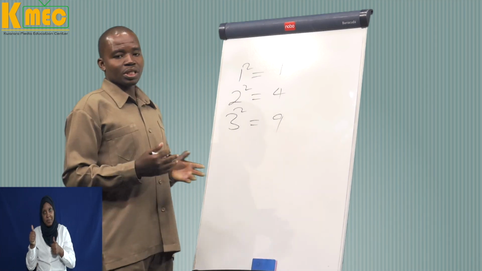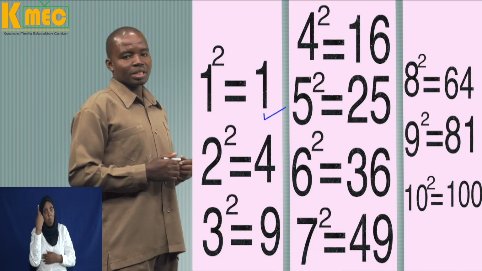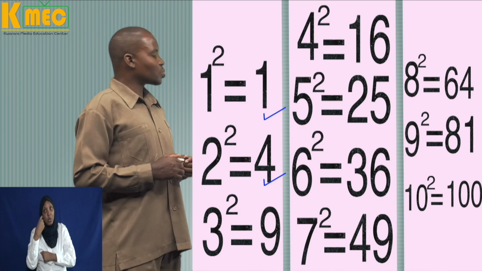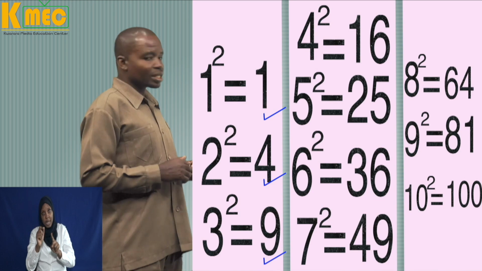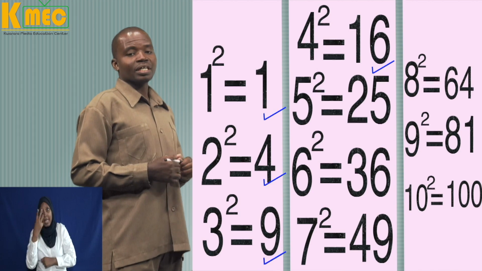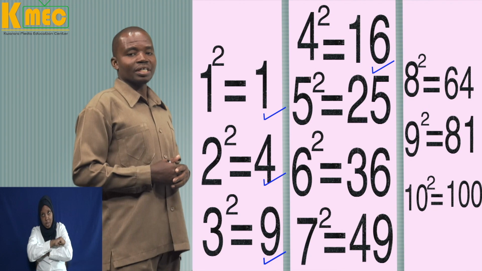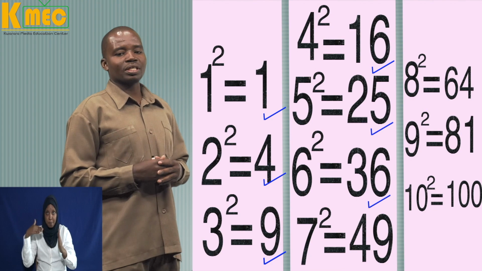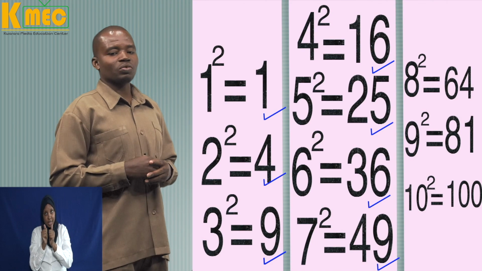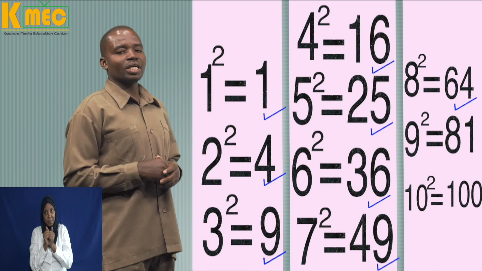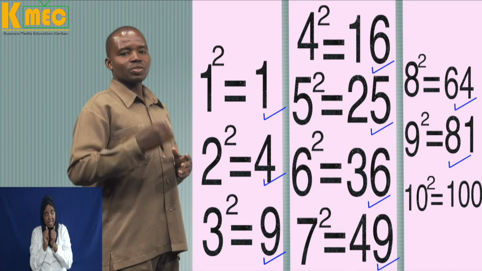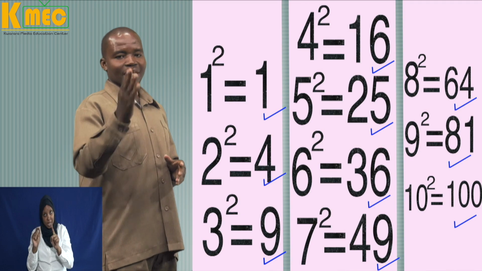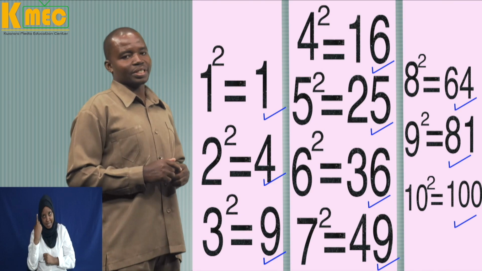In our table, you see 1 square is equal to 1, 2 square is equal to 4, 3 square is equal to 9, 4 square is equal to 16, 5 square is equal to 25, 6 square is equal to 36, 7 square is equal to 49, 8 square is equal to 64, 9 square is equal to 81, and 10 square is equal to 100.